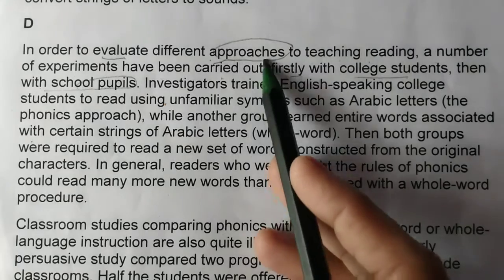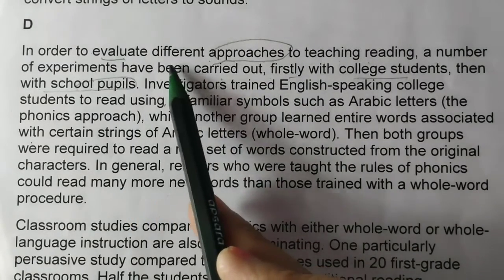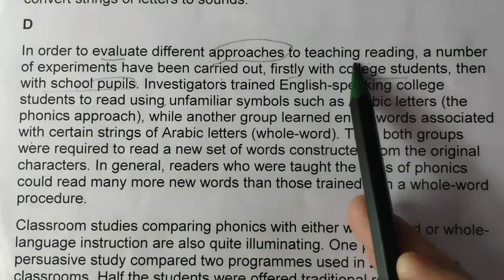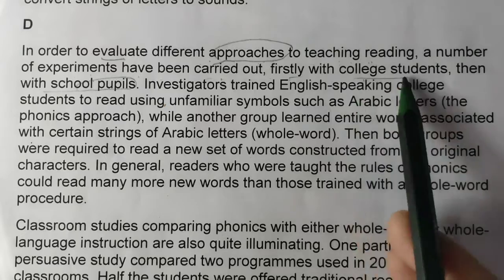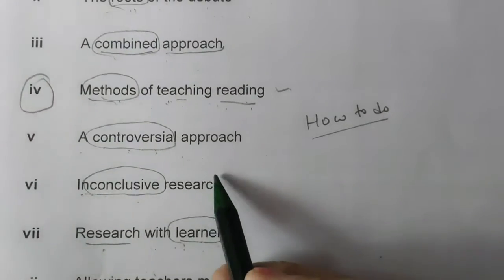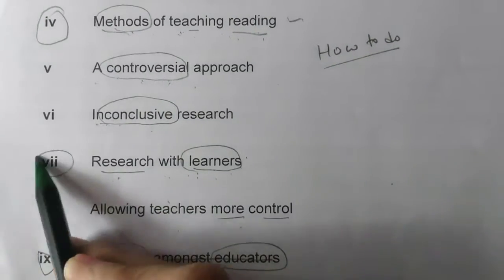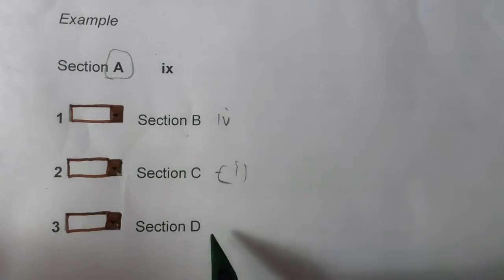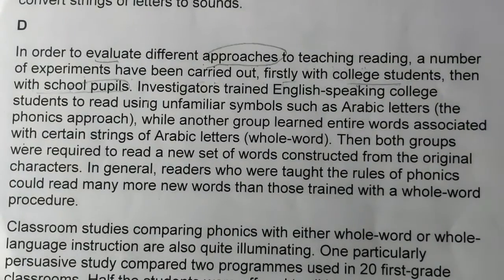After reading 1, 2, 3 sentences, I have got my answer. Definitely I will not be reading more. So the answer is this one. Section D is 7th number. Now very fast we have found these answers.